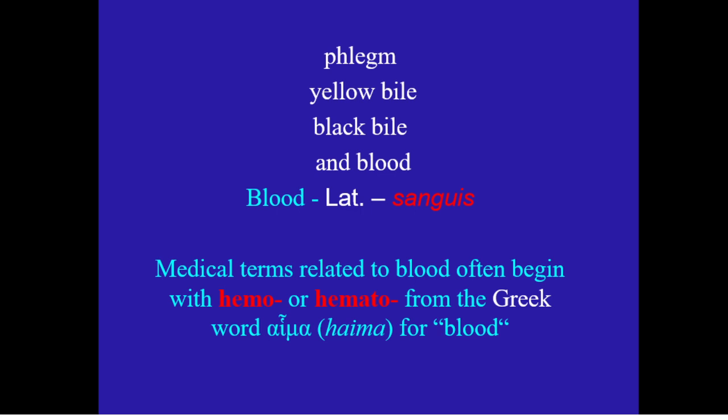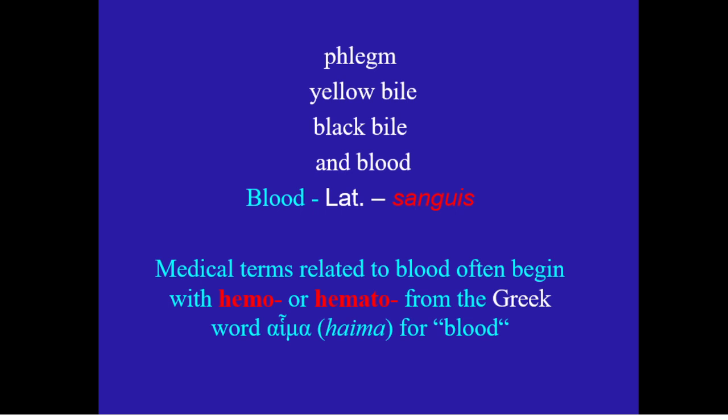From ancient times, the philosophers proposed that the main fluids of our body are phlegm, yellow bile, black bile, and blood. You know that blood in Latin is sanguis, and now you can see the roots of words that we use to name the temperaments of people.